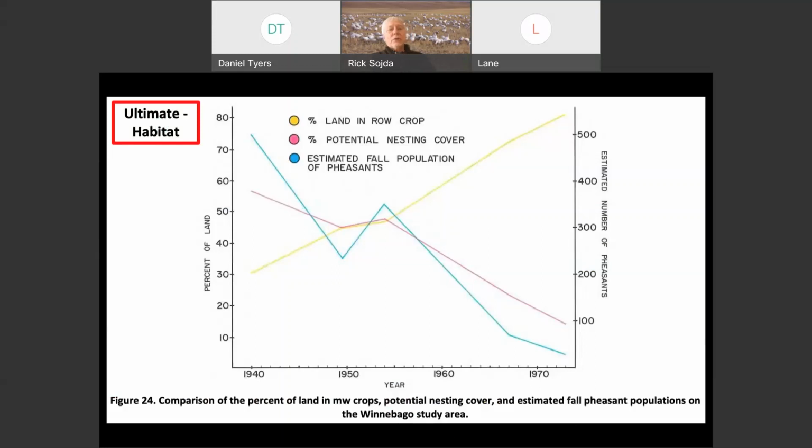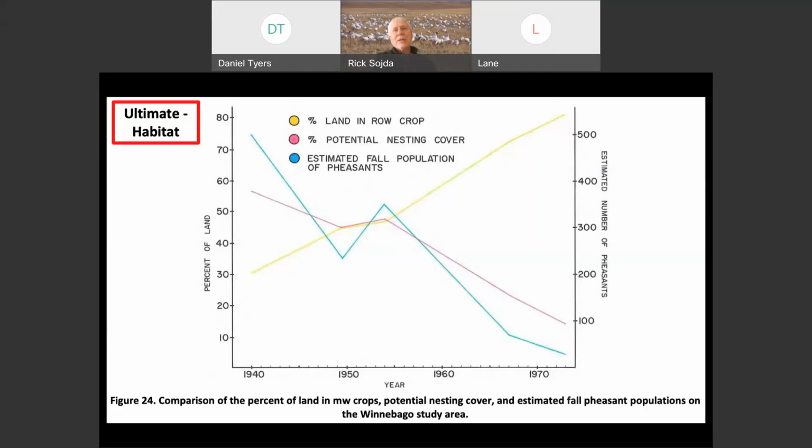There's an area in northern Iowa called the Winnebago Study Area that a lot of pheasant research was done on years ago. And this is, I think, a great graph. If you look at that, I think it's yellow, could be green, I'm colorblind, but that lighter colored line that says land in row crop, it increased dramatically from the 1940s to the mid 70s. At the same time, the potential nesting cover dropped.